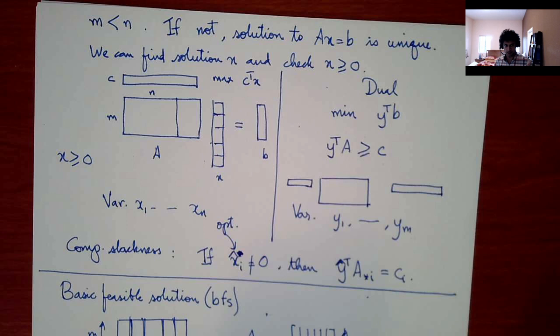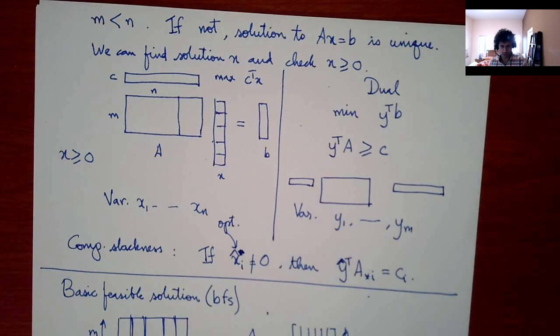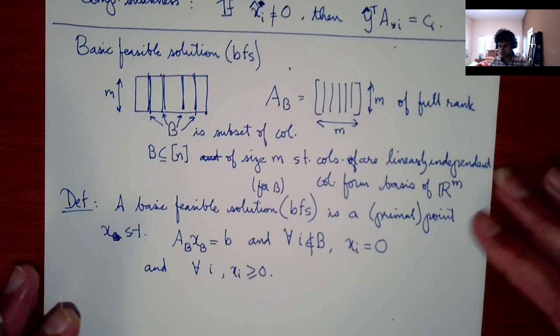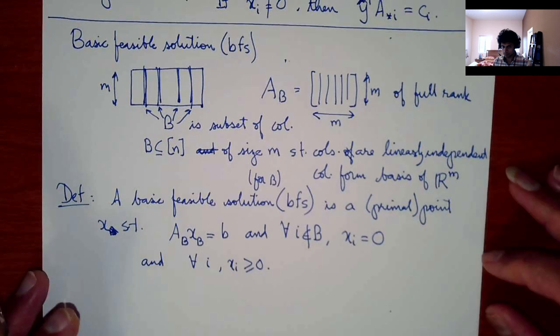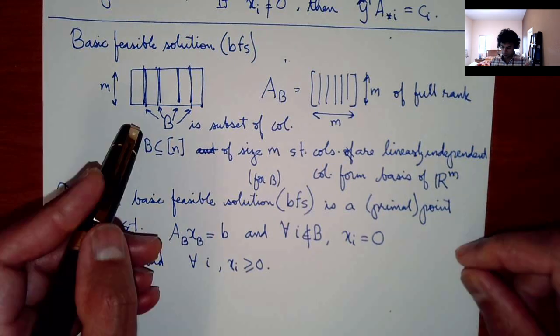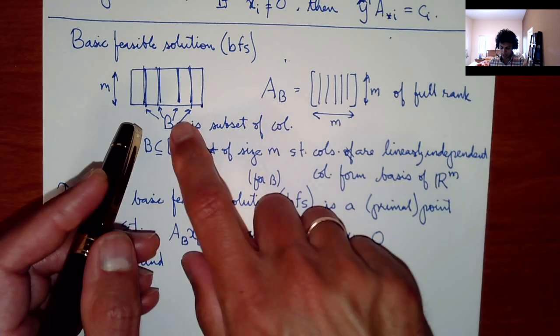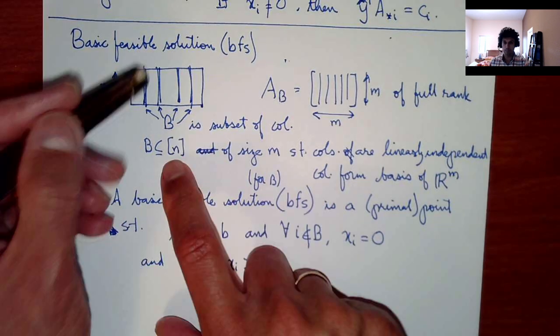Sorry, so what was the comment before? I'm slightly unsure about AB. Could you repeat the definition of AB once more? Okay. So I'm defining a basic feasible solution as follows. I'm going to take a subset of m columns which are all linearly independent.